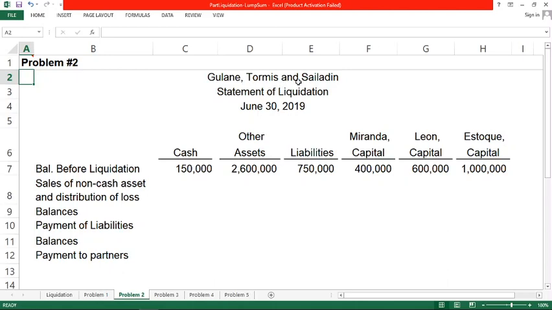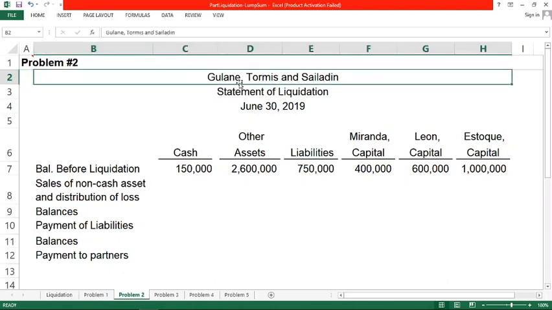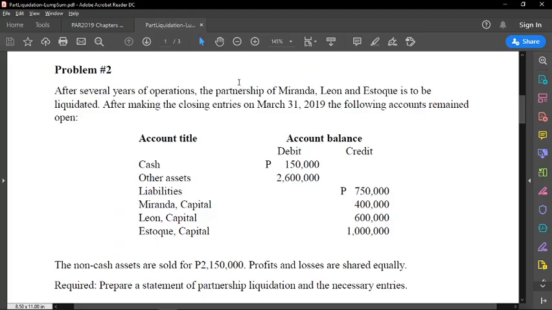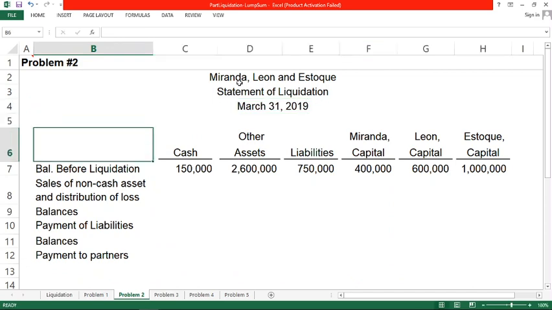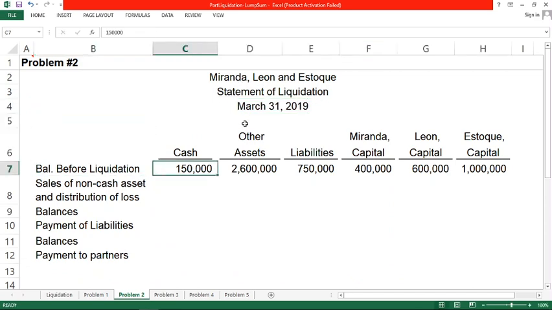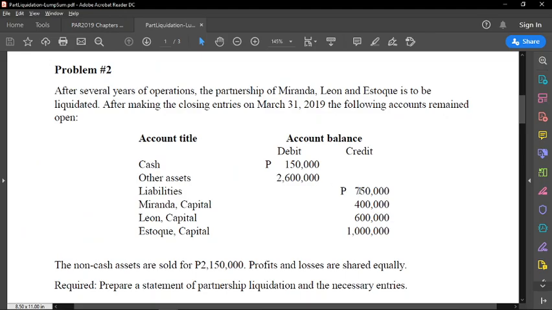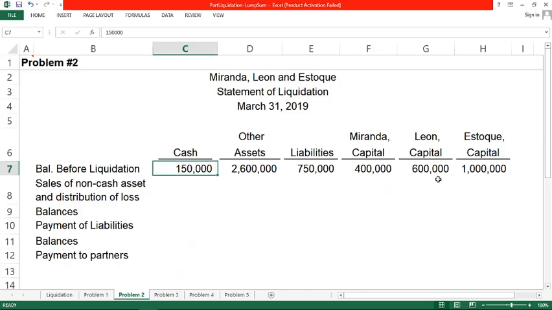Okay. It's not updated yet. So that's Miranda, Leon, and Estoque partnership. When was that? It was March 31, 2019. Alright, we have 150 cash, 2.6 other assets, 750, and so on.